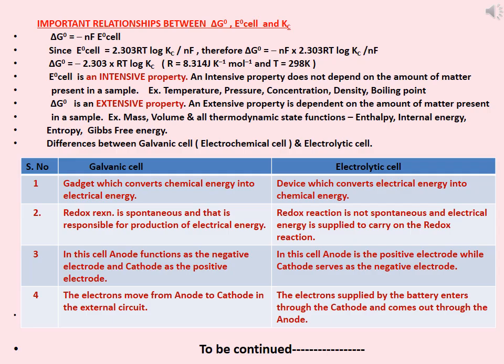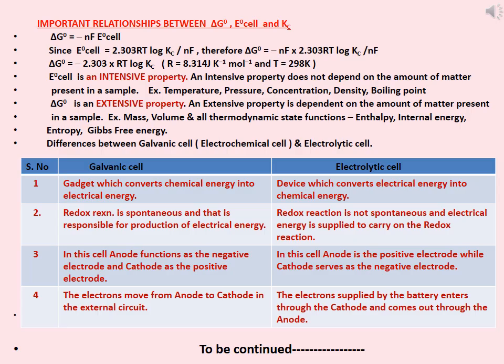Now, coming to the difference between a galvanic cell or electrochemical cell and an electrolytic cell. First, a galvanic cell is a device which converts chemical energy into electrical energy. As a result of redox reactions, electrical energy is produced. An electrolytic cell is a device which converts electrical energy into chemical energy.